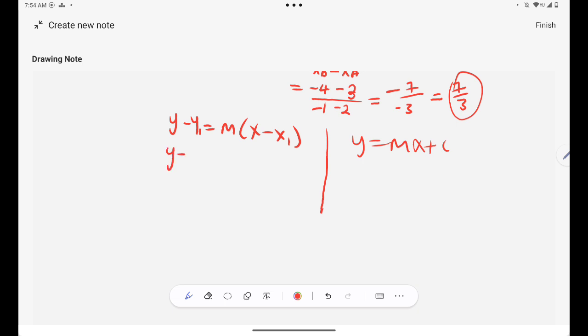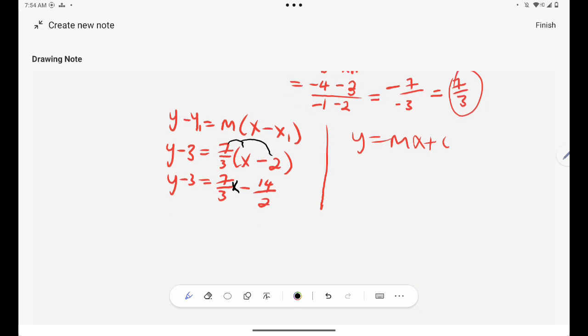So the y value there is 3. I just found the gradient to be 7 over 3, and the x value is 2. So y minus 3 is equal to 7 over 3 multiplied by x minus 2. So I will get 7 over 3x, then 7 over 3 times minus 2, I'll get -14 over 3.